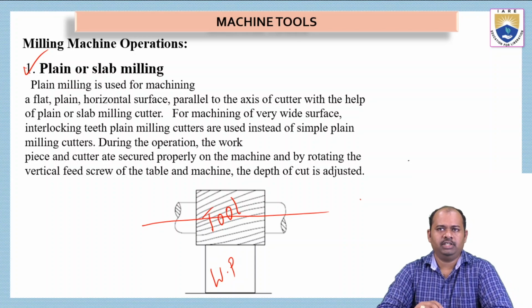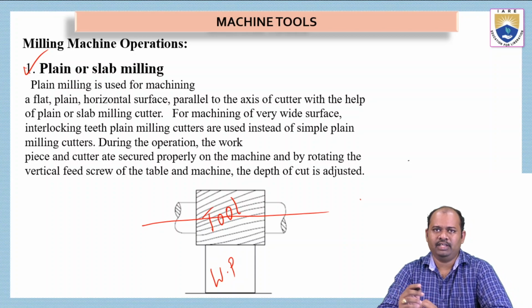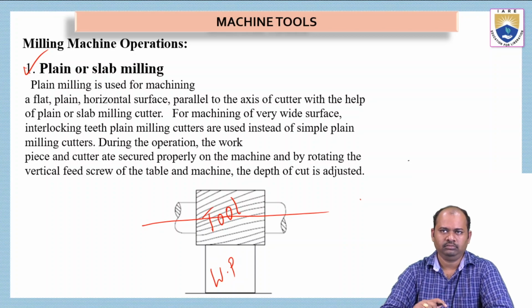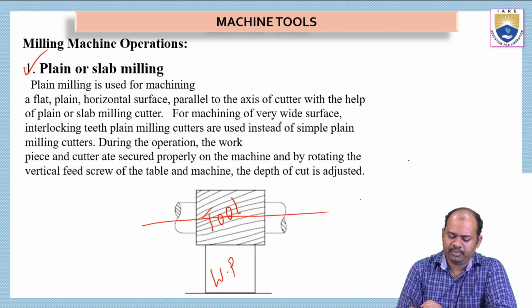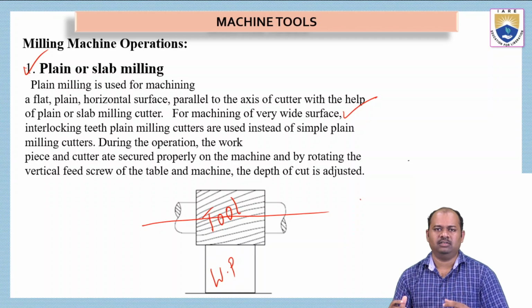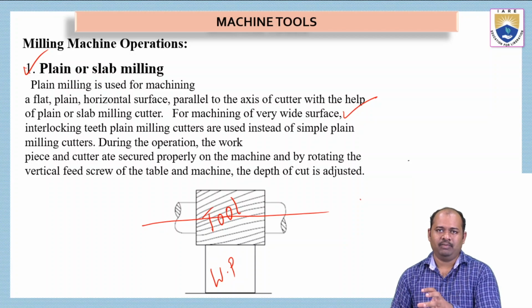Okay. For machining a very wide surface with interlocking teeth, plane milling cutters are used instead of simple plane milling cutters. So if we want to machine very wide surfaces, that means more width of the workpiece, then you have to go for other types of milling cutters.